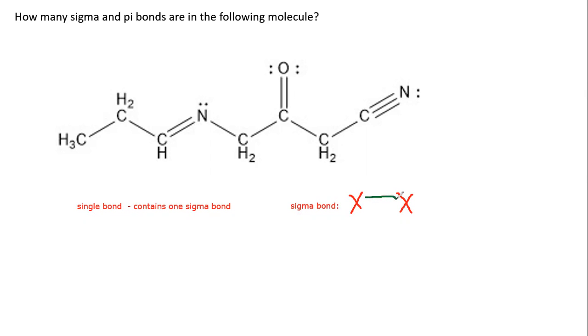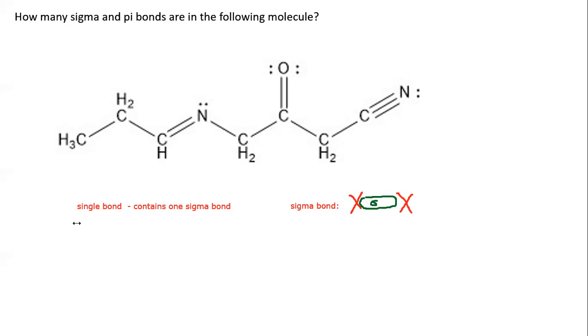So this cylindrical lobe of electron density is a sigma bond. So it's a different way of expressing what a single bond is. We call it a sigma bond. So again, a sigma bond is a cylindrical lobe of electron density between two atoms in a molecule. So this is an illustration of a sigma bond. So all single bonds are sigma bonds.